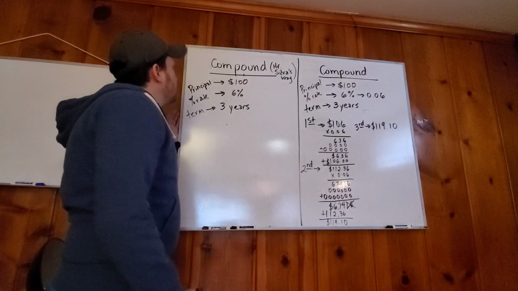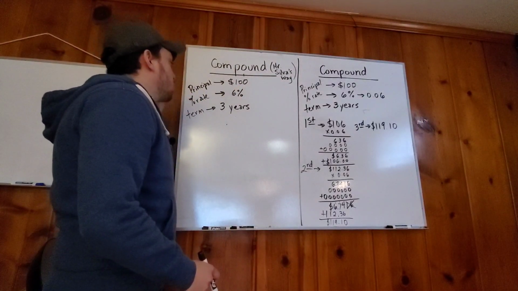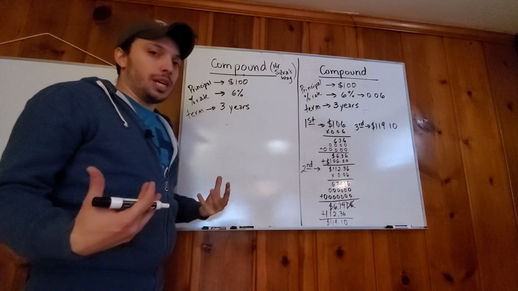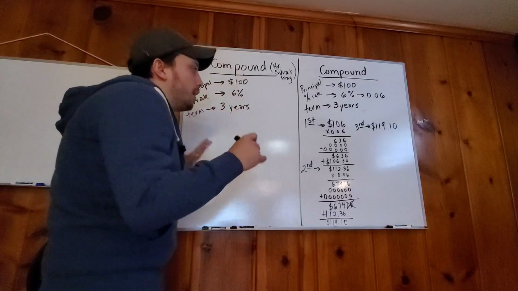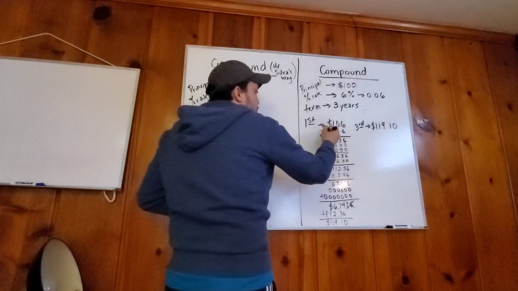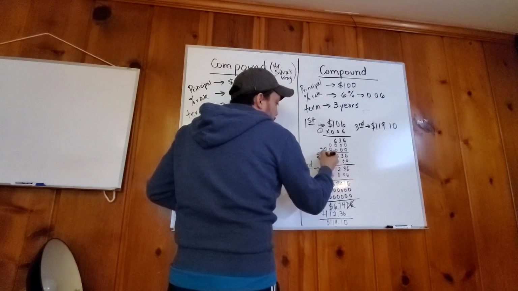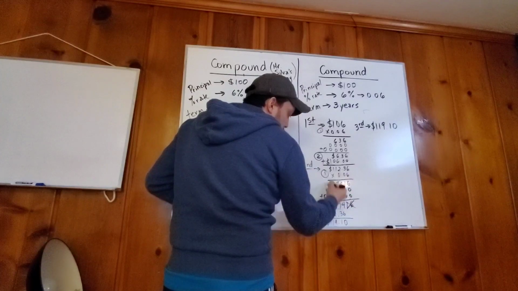So I have compound interest, Mr. Silver's way. Again, same principal, same rate, same term. What I'm going to do is find 6% of 100. But before I do that, understand something. I'm always multiplying here and then adding, and then I multiply here and then I add.